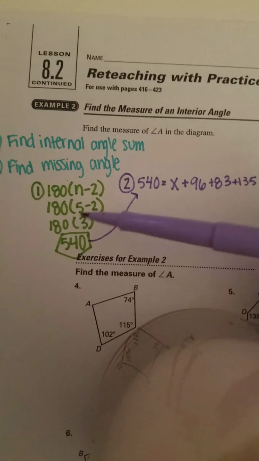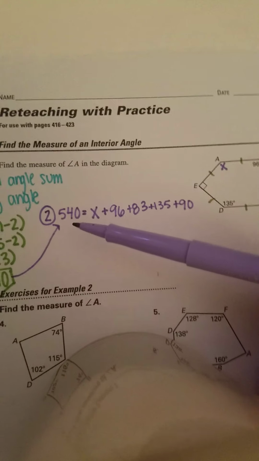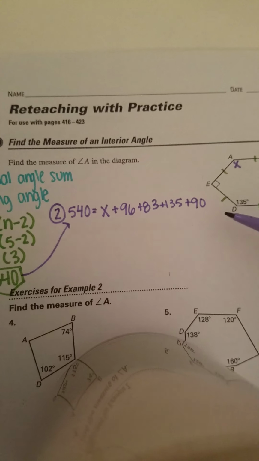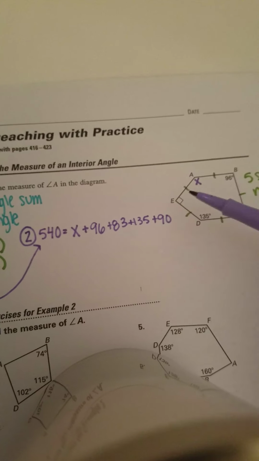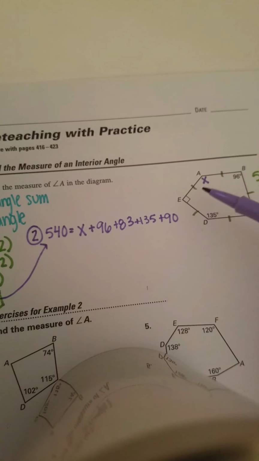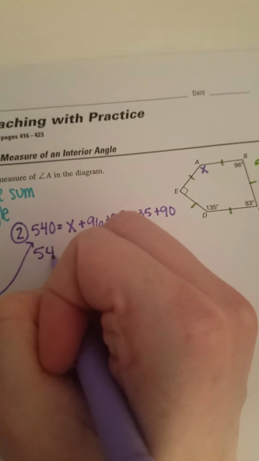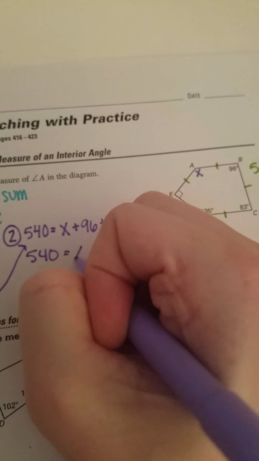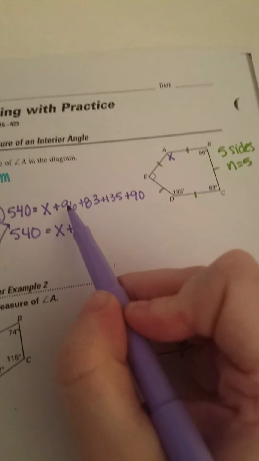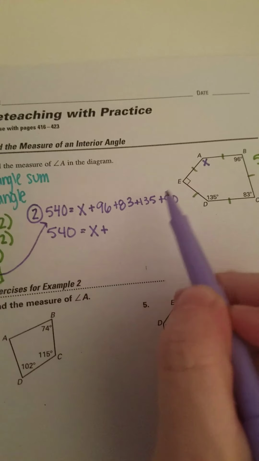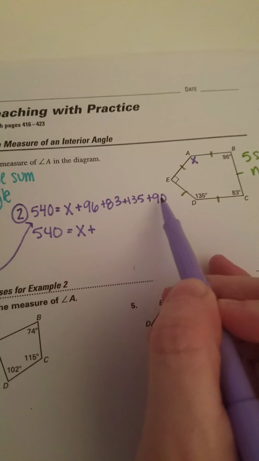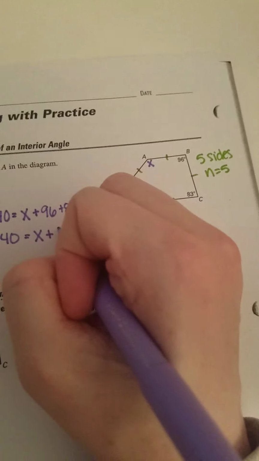So we took the number from the previous step, the internal angle sum, brought it up, and set it equal to all of the angles added together. We went through each in an orderly fashion, have them all here, and so now we're going to simplify. So we have 540 equals x plus, we're going to add up 96 and 83, 135 and 90, add up all 4 of those and you get 404.